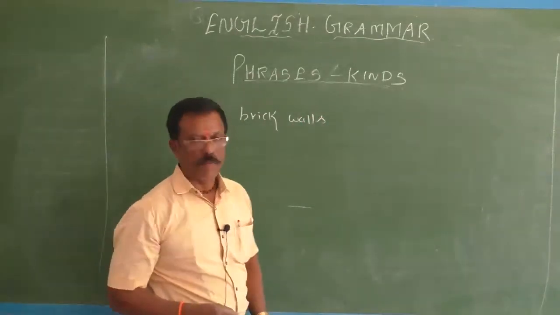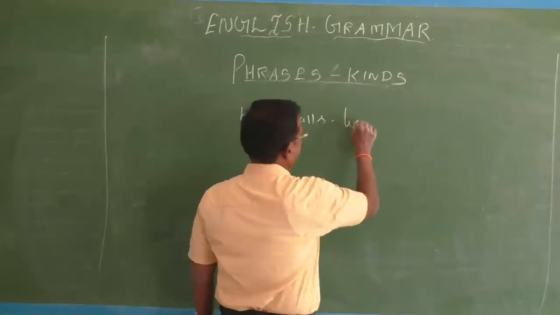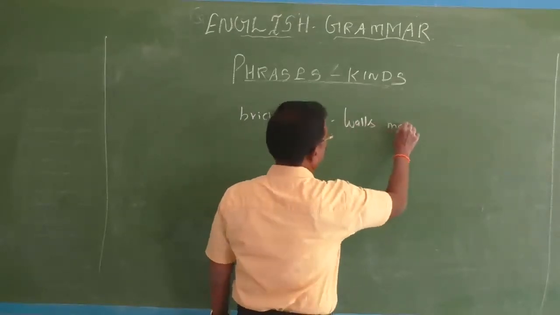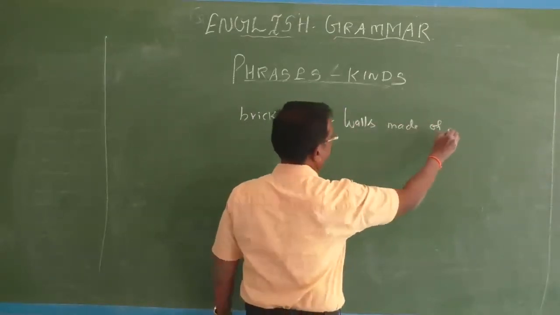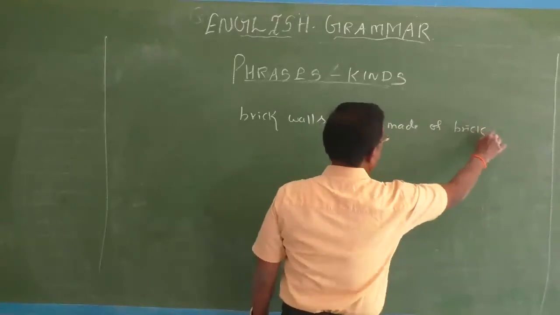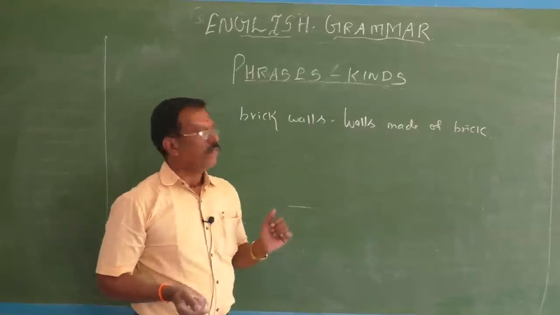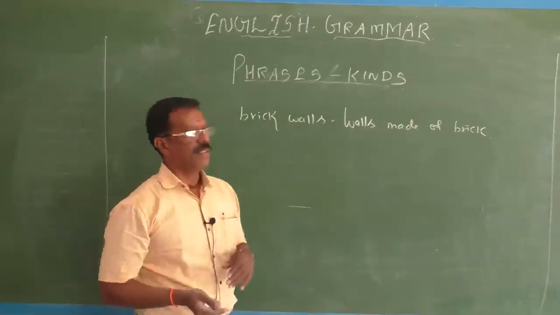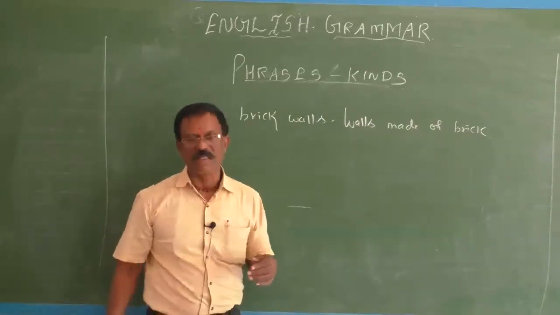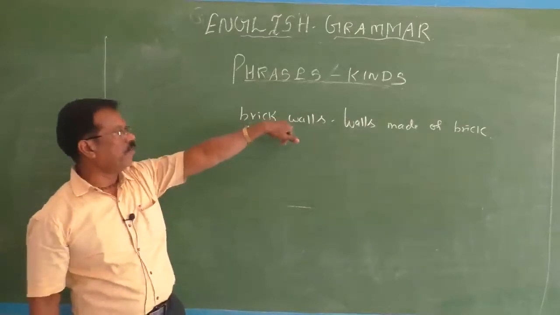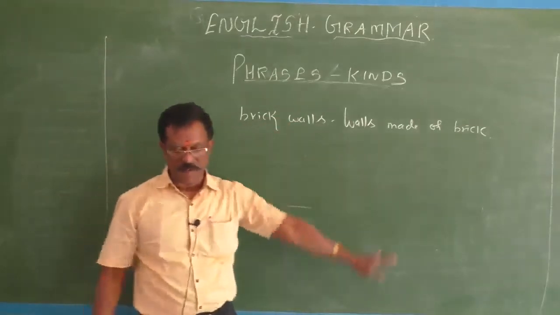See, walls made of brick. So this house is constructed with walls made of brick. This house has brick walls. You can expand that brick walls as an adjective into walls made of brick.